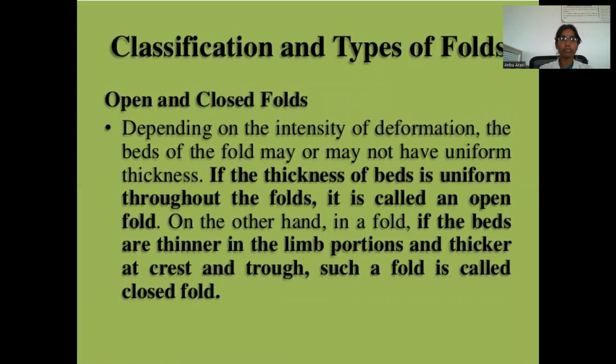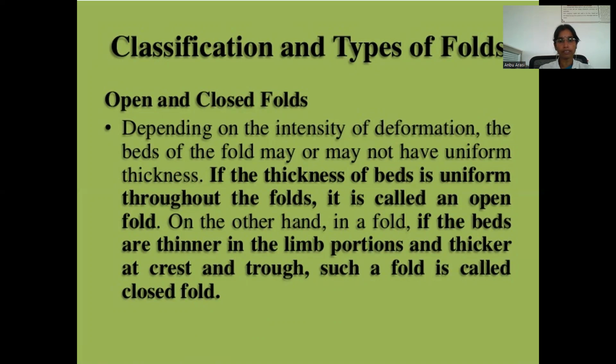Next, open and closed fold. Depending on the intensity of deformation, the beds of the fold may or may not have uniform thickness. If the thickness of beds is uniform throughout the fold, it is called an open fold.